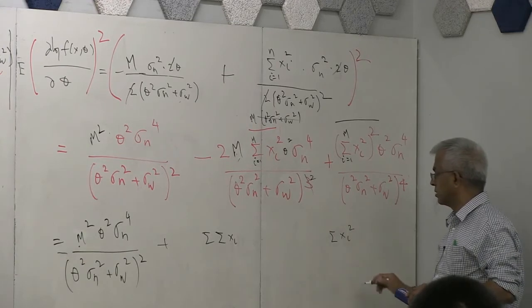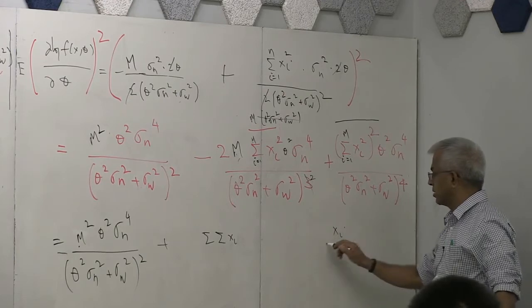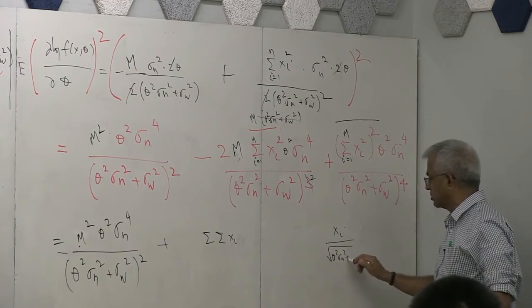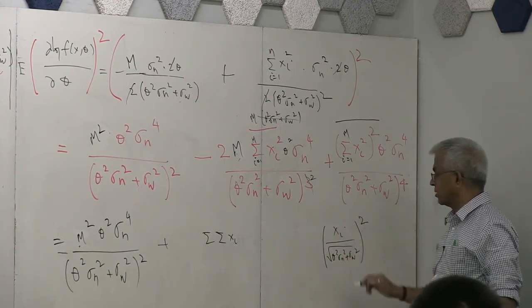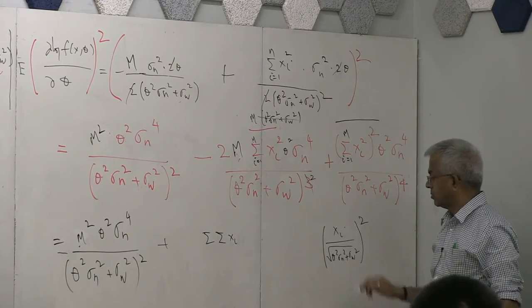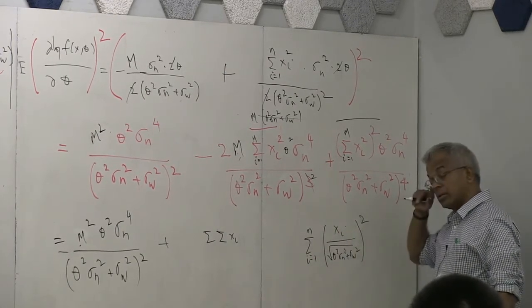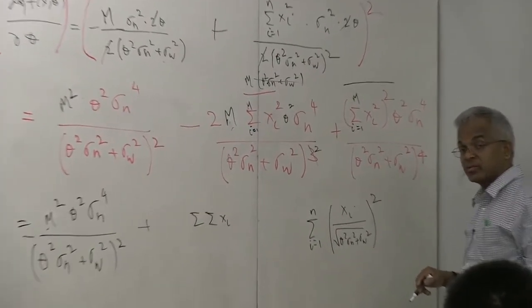How do you do that? All right, so it goes like this. Sigma xi over the square root of theta squared sigma n squared plus sigma w squared is chi squared, okay? This is chi squared, i equal to 1 through n, chi squared with n degrees of freedom.